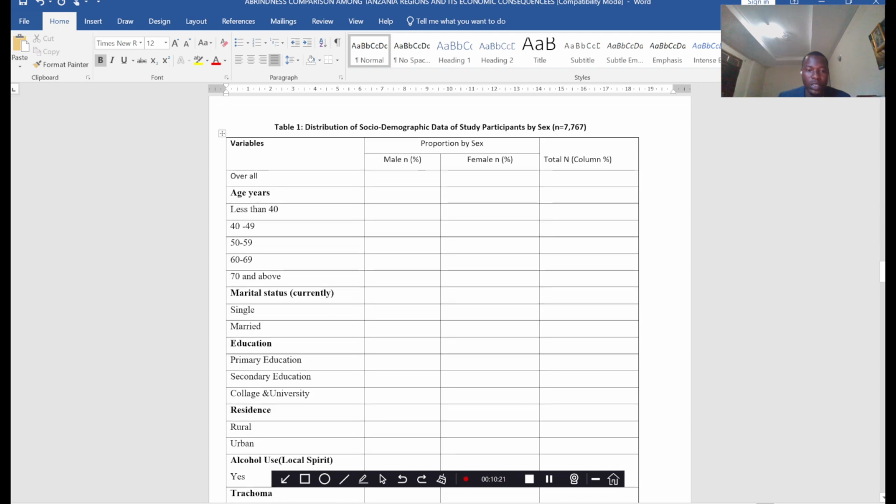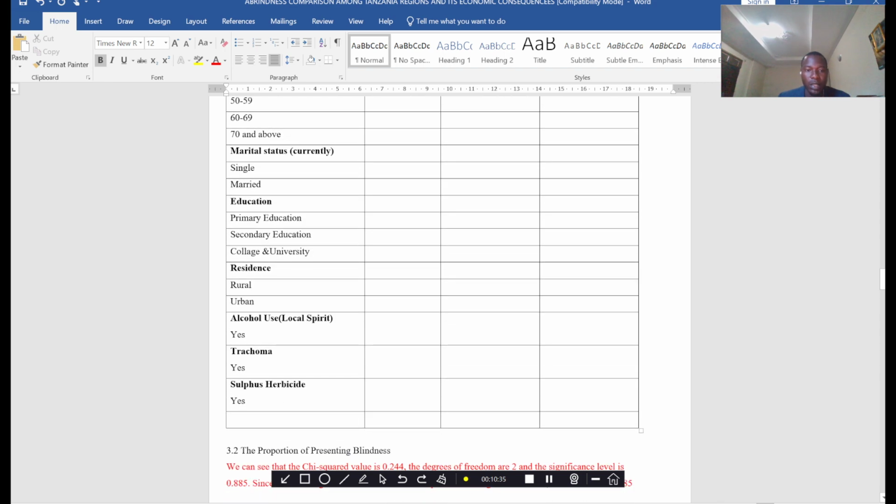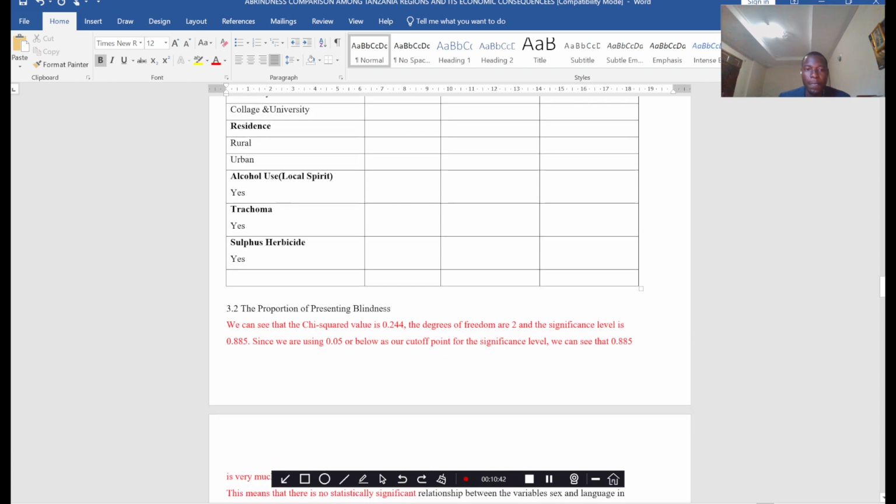We are going to describe residence by gender, alcohol use, local spirit by gender, trachoma possibility by gender, and sulfur herbicides use by gender.